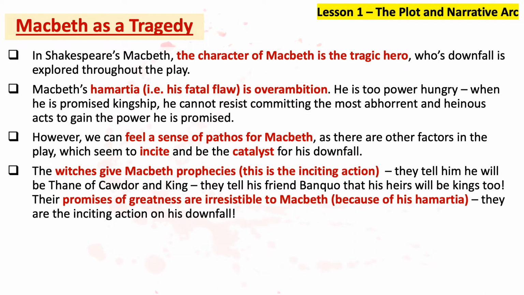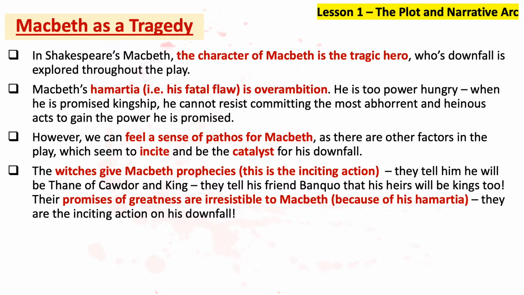Now, the witches give Macbeth prophecies, and the first round of prophecies marks the inciting action, the part of the story that sets the plot off, if you will. So when the witches give Macbeth the prophecies, they set him off on this trajectory, this inevitable downfall that we know he is going to face.